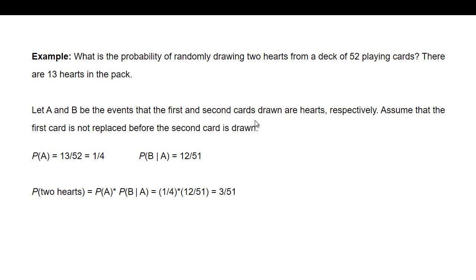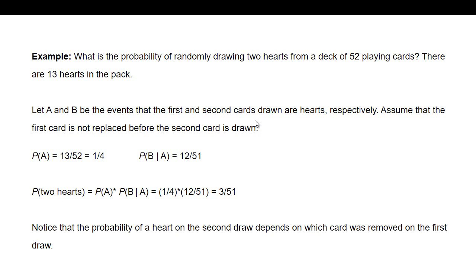The probability of getting 2 hearts is the probability of A times the probability of B given A, which is 1 over 4 times 12 over 51, and we get 3 over 51 at the end. Notice that the probability of a heart on the second draw depends on which card was removed on the first draw.